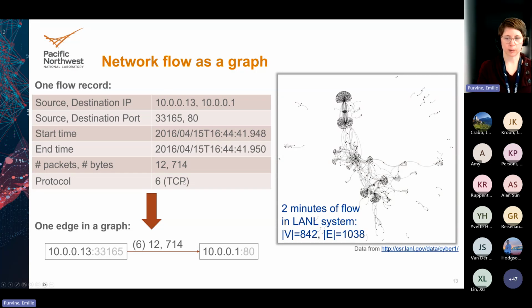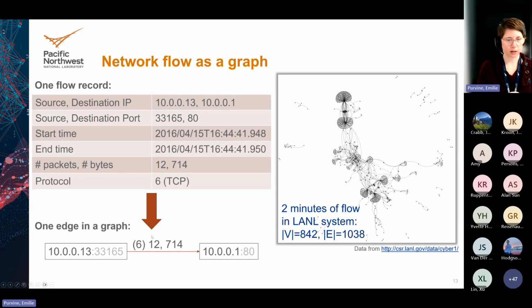All of that information can be boiled down into a single edge in a graph with some metadata on top of it. So here I've got an edge between the .13 IP address and the .1 IP address. Sometimes you might want to annotate these with port numbers as well. Typically, the source port isn't very informative, but the destination port is, so that's where we might see more information.